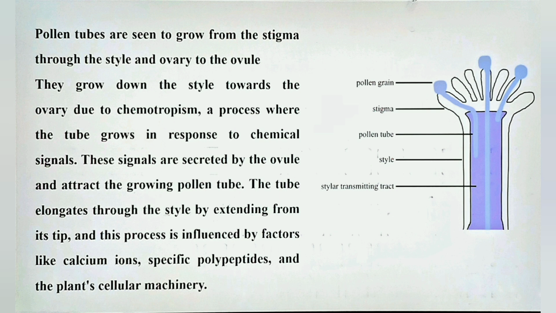The tube elongates through the style by extending from its tip, and this process is influenced by various factors like specific polypeptides, calcium ions, and the plant's cellular machinery.